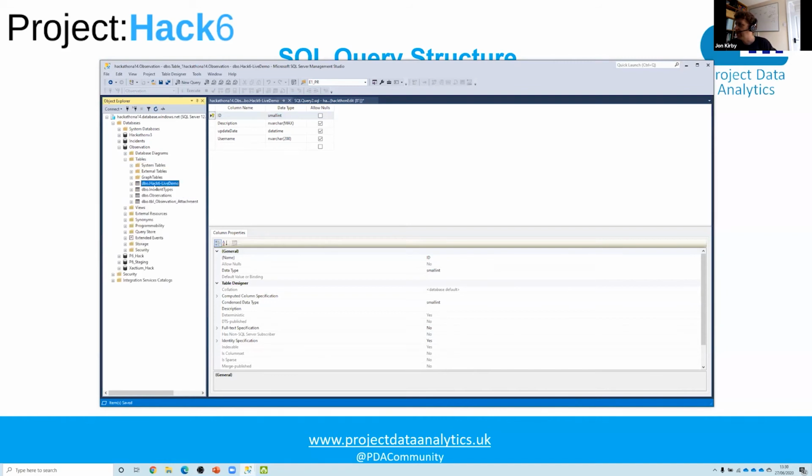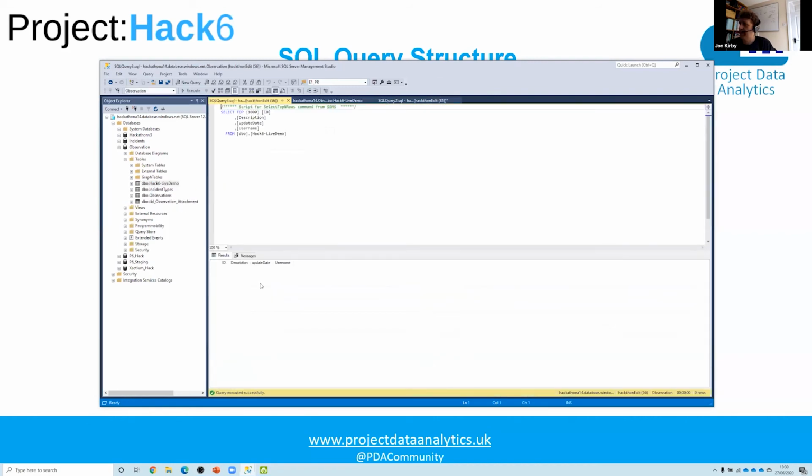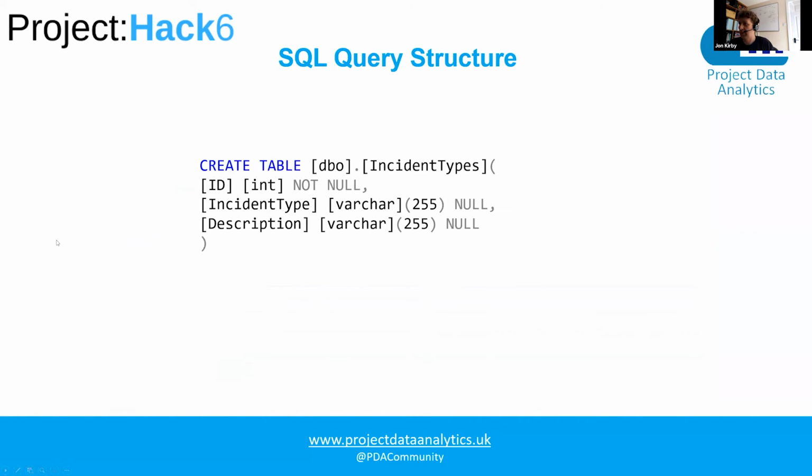There we are. If I run SQL queries on it straight away, nothing returns because it's empty. It will always show a wiggly line as well, so I think I have to refresh something so that it recognizes it. But it's a valid statement because it's run, and you can see there are no results. So that's how you create a new table.